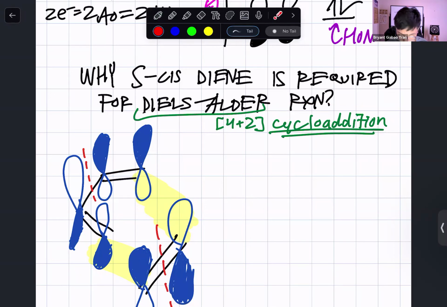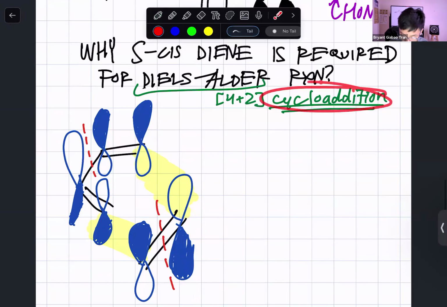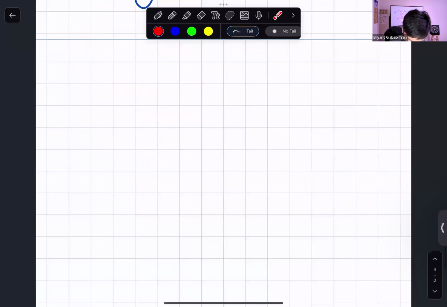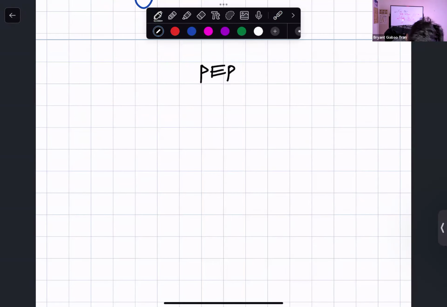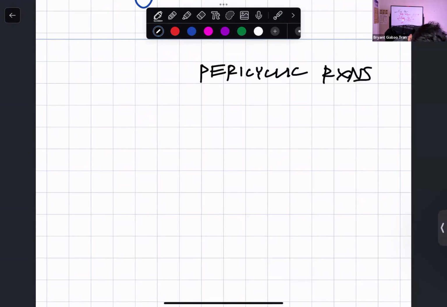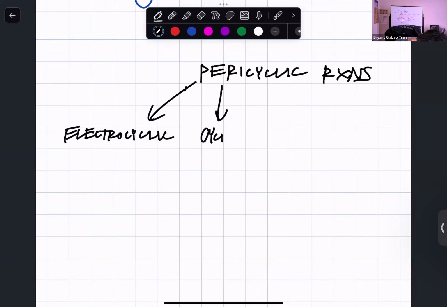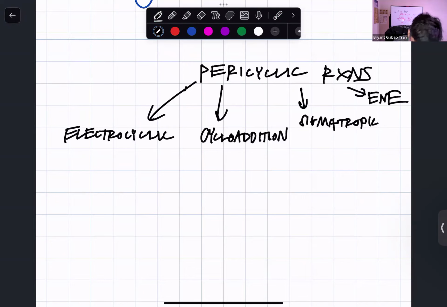The electrocyclic reactions are a type of pericyclic reaction, and cycloaddition is also a type of pericyclic reaction. So what I mean by that is, pericyclic reactions, there's 4 types. There's electrocyclic, there's cycloaddition, there's sigmatropic, and there's Ene, right?